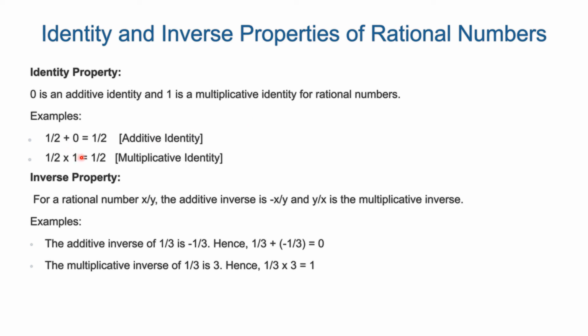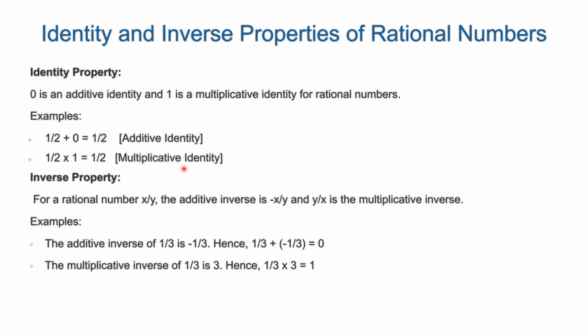If we add 0 to any rational number, the result is the same rational number. There is no change. That's why 0 is known as the additive identity. Same for multiplication: if we multiply any rational number by 1, the result is the same. There is no change. That is the reason 1 is known as the multiplicative identity.